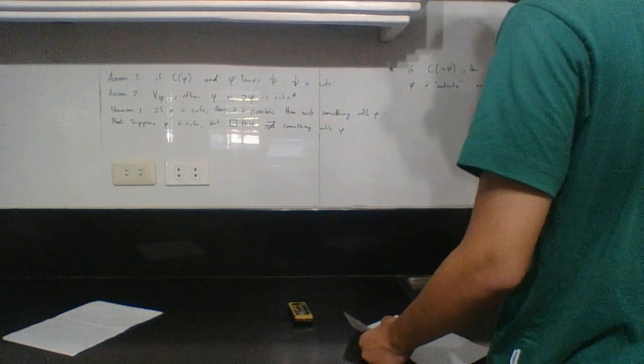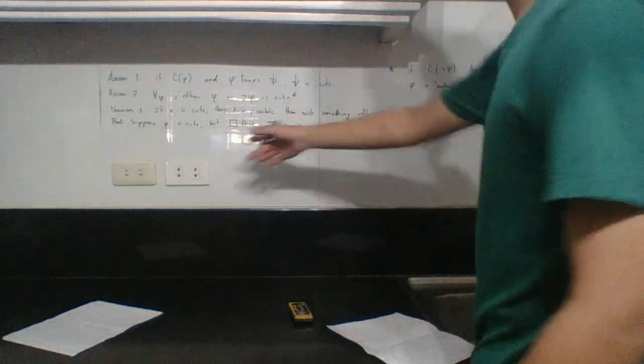So it must be that we're assuming that there exists no object that has property var phi.